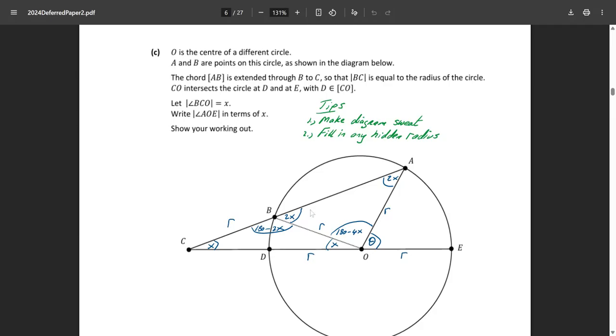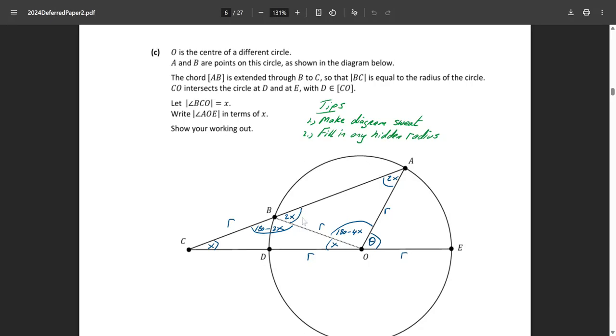So if that's 180 minus 2x, the other must be 2x, because the 2x and minus 2x cancel and you just get 180. Or, an even neater way of saying it: there's a theorem from junior cycle which says that the exterior angle is equal to the sum of the two interior angles of a triangle. X and x is 2x. So you can cut out this bit altogether if you like.